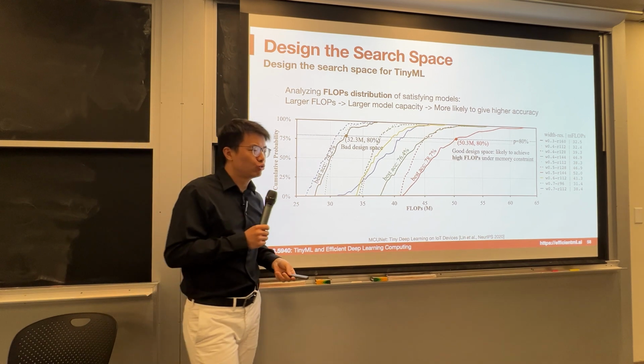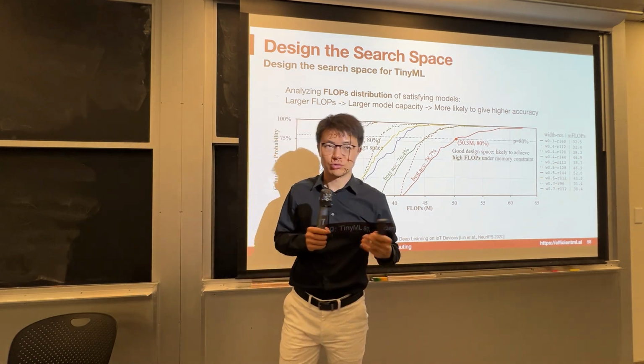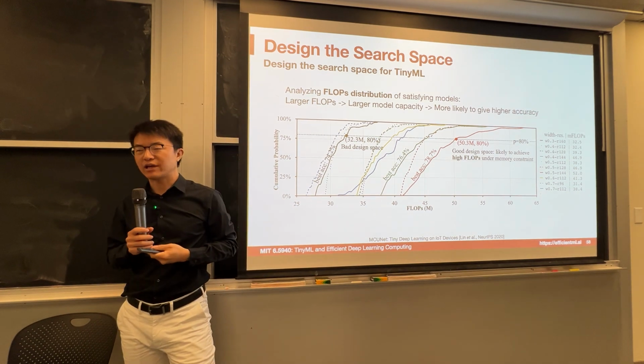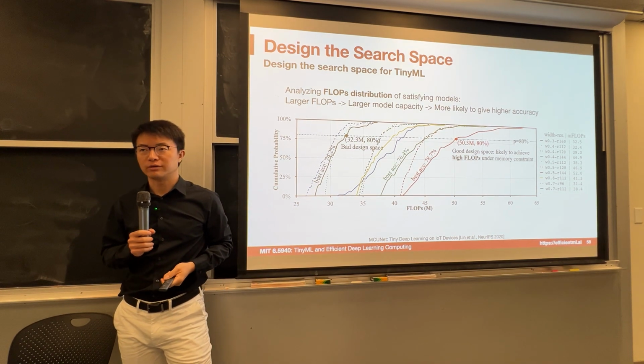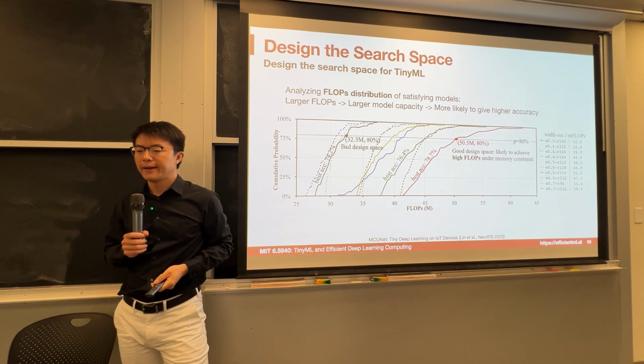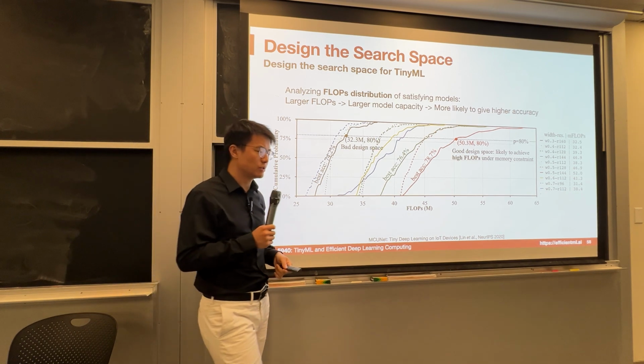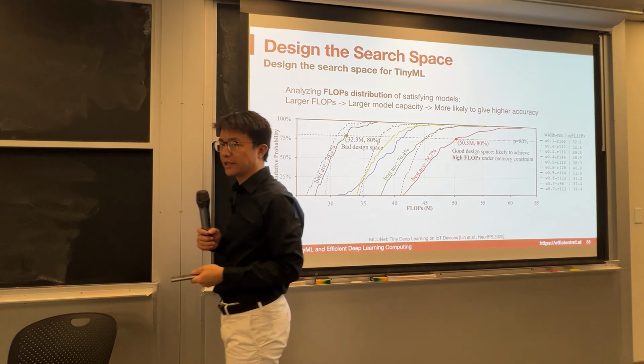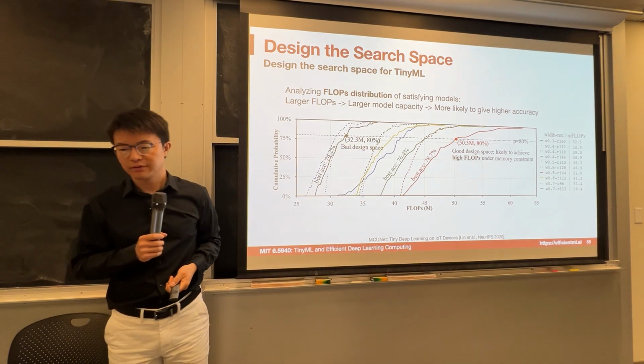As you can imagine, training the model is expensive. You have to train the model for a while, so it's hard to use accuracy to approximate whether a model is good or not. But a simple heuristic we mentioned is that computing is cheap. Memory data movement is expensive, right?